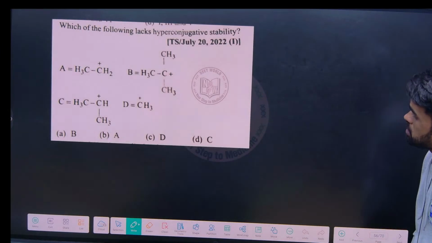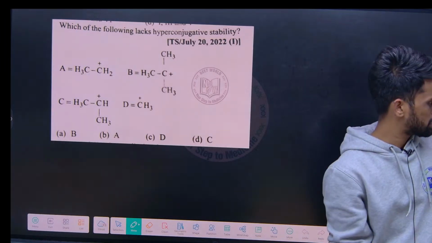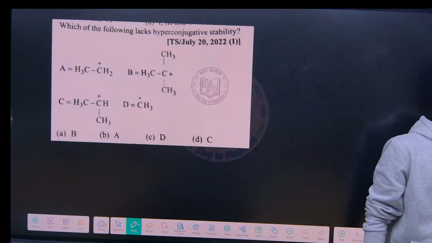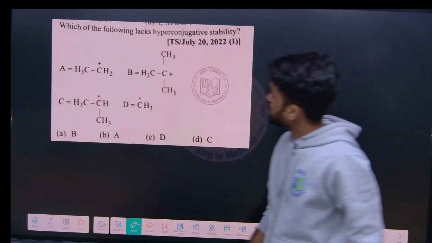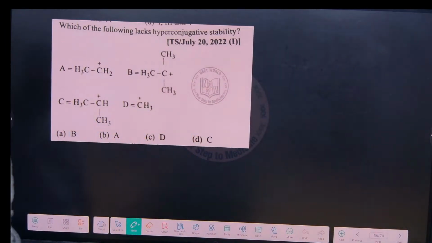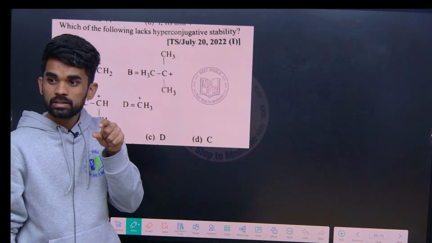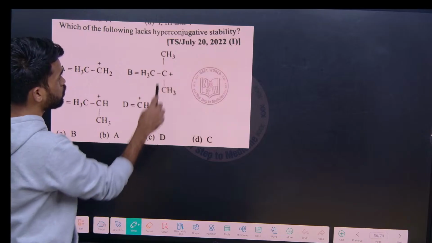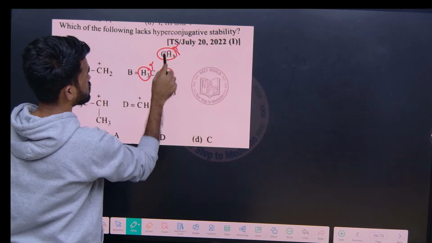Tell me for this, which of the 4 options lacks hyperconjugative stability? How can you answer this? See, what is the primary criterion for hyperconjugation? Alpha hydrogens. The carbocation is there, alpha carbons are there, and on those, alpha hydrogens are also there.